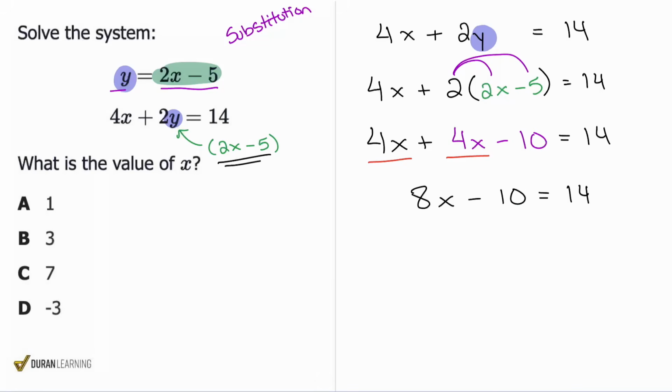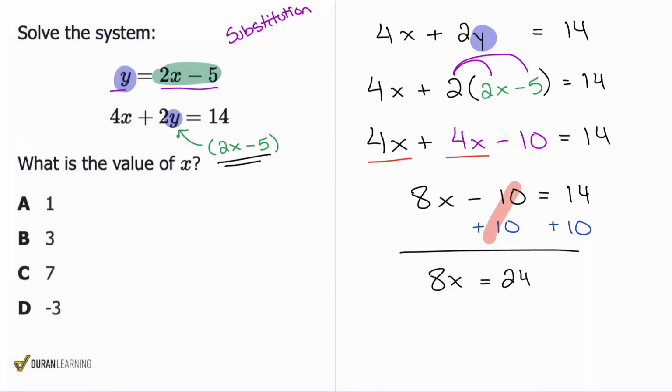Solving equations is the art of working backwards. So working backwards, what that looks like here is adding 10 instead of subtracting 10, because that'll cause this to cancel out. After we cause it to cancel out, we have 8x equals 24. 14 plus 10.